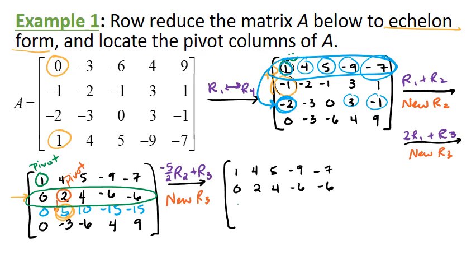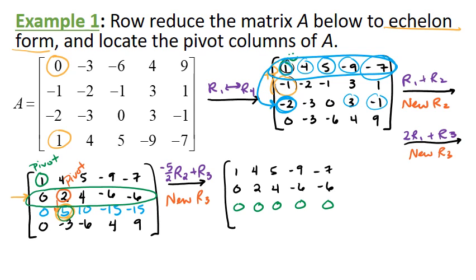So 0 plus 0 is 0. I get a negative 5 plus 5 is 0. Negative 20 divided by 2 is negative 10, plus 10 is 0. Just keep trucking along and you will find that you get all zeros.